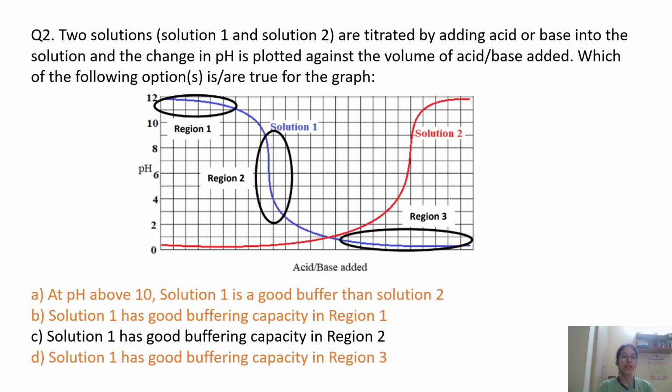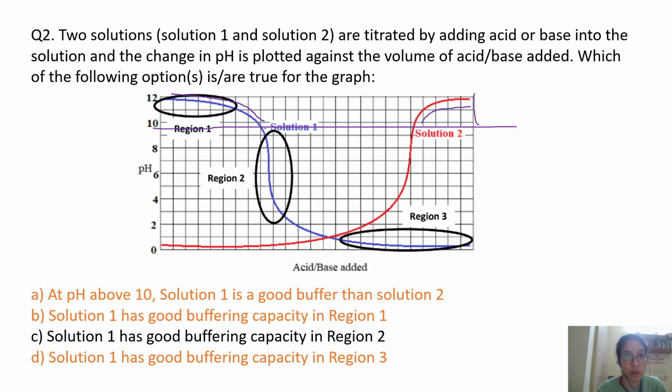So the correct answer is options A, B and D. We'll look at each option carefully. We are talking about pH above 10, so we'll go to this area. Solution 1 is a better buffer than solution 2. As you can see, the change in the graph is over a longer run, from 10 to 12.